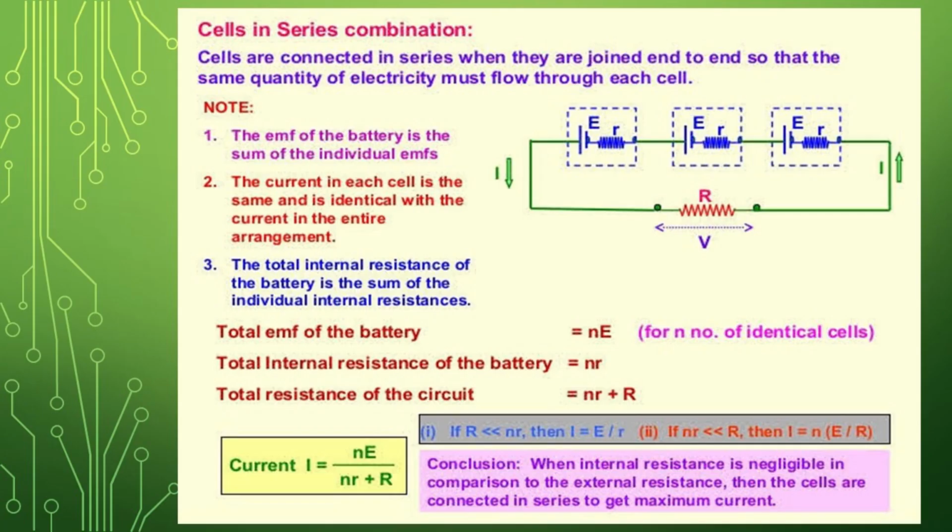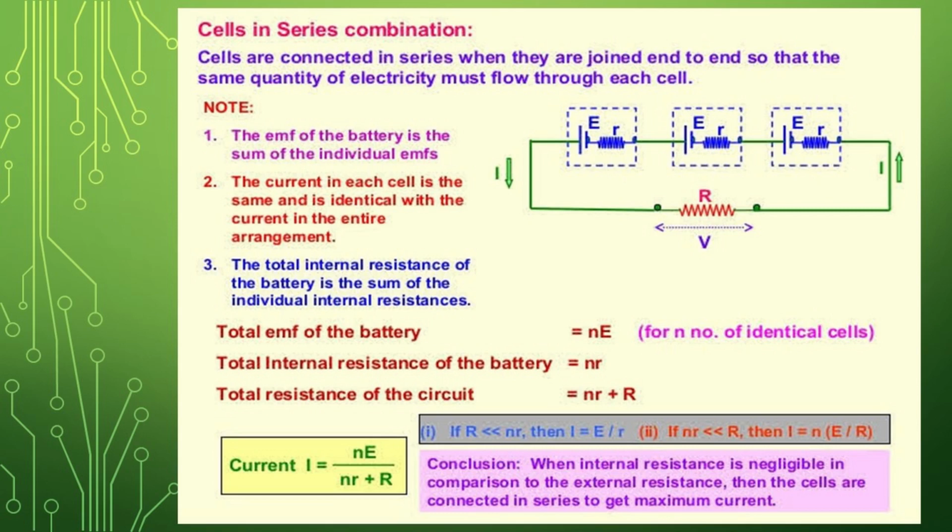Combination of cells. First one, we can consider cells in series combination. Cells are connected in series when they are joined end to end so that the same quantity of electricity must flow through each cell.